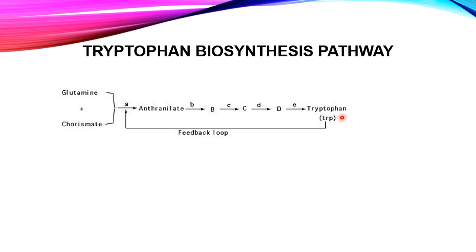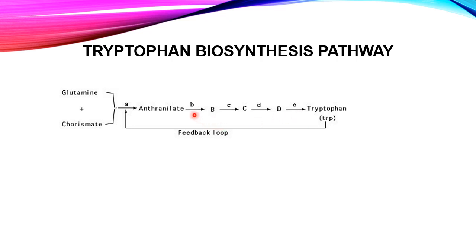The tryptophan will act as an allosteric inhibitor, inhibiting the first enzyme in the pathway, that is our enzyme A. Here, this enzyme A is an allosteric enzyme, which is inhibited by the tryptophan, which acts as an allosteric inhibitor. Thus this entire cycle stops.